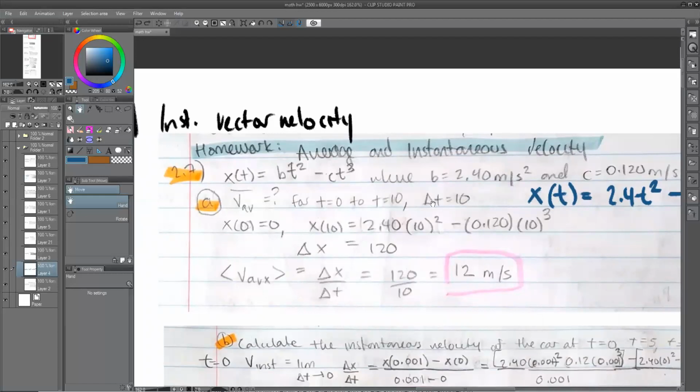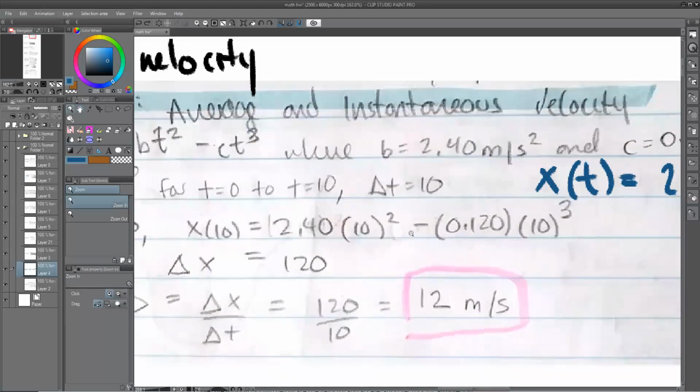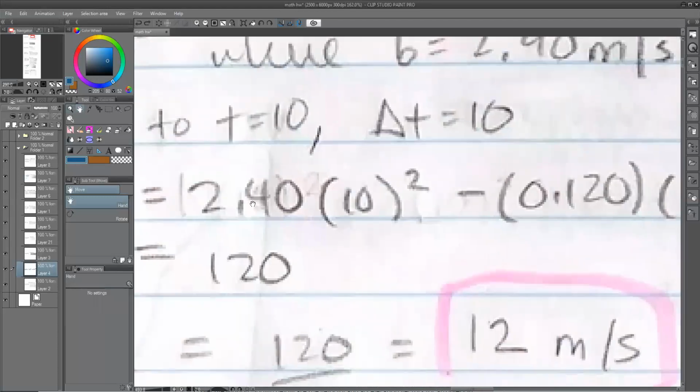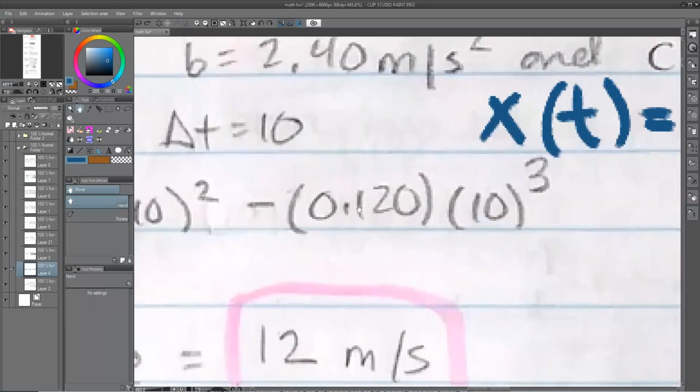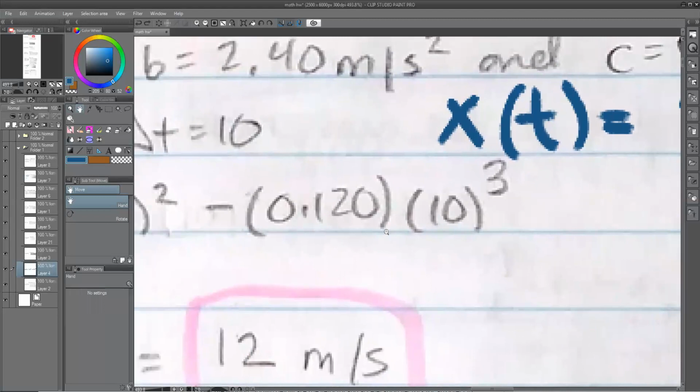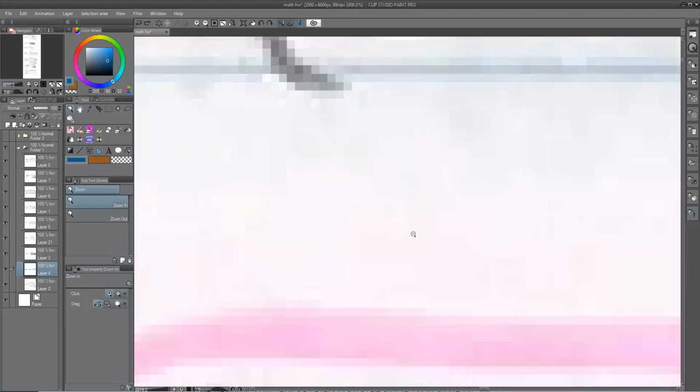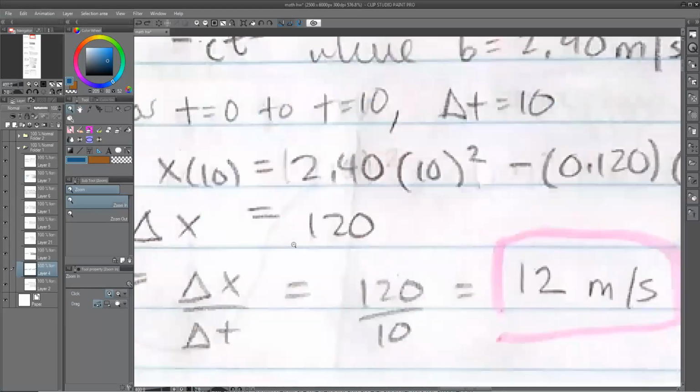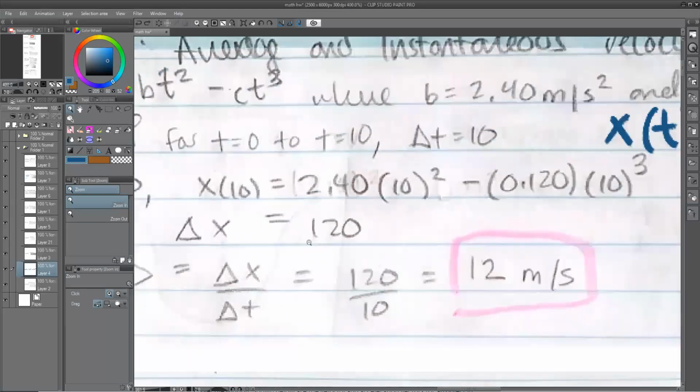And then you plug in 10 to where all the t's are, and you get 2.4 times 10 squared minus 0.12 times 10 cubed. You get x equal to 120.